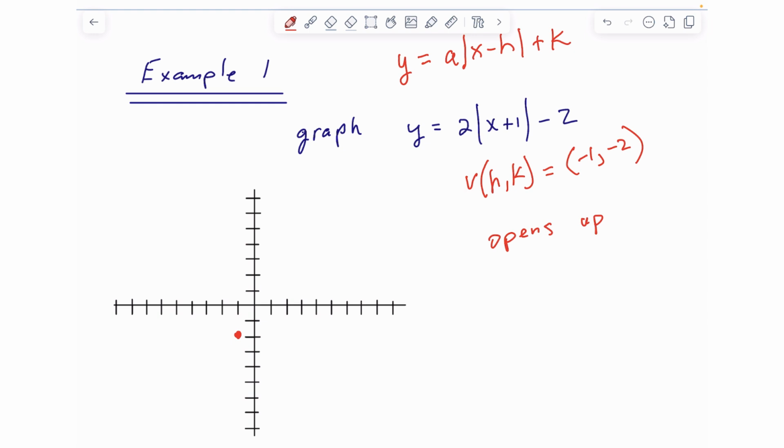So because a is greater than 0, it opens up, and a is also greater than 1, so it's going to be narrow.